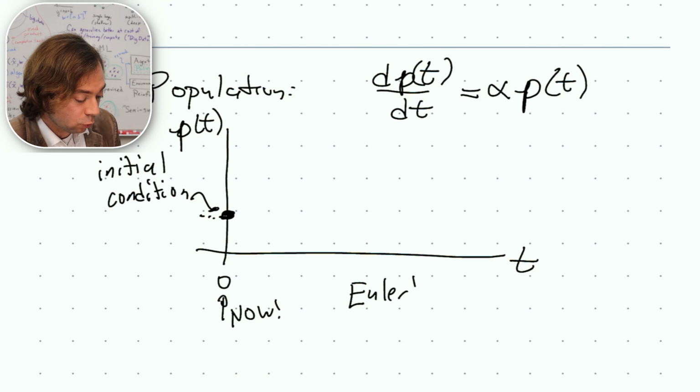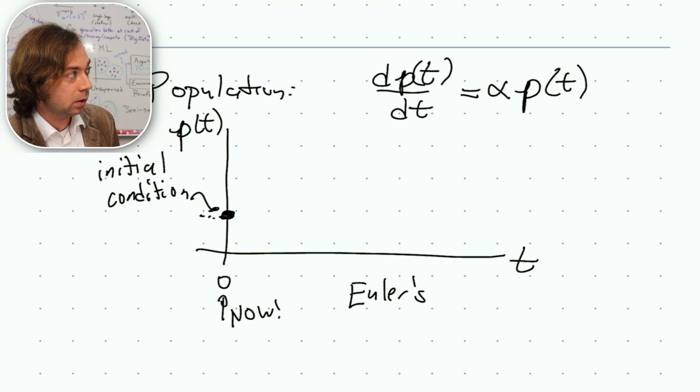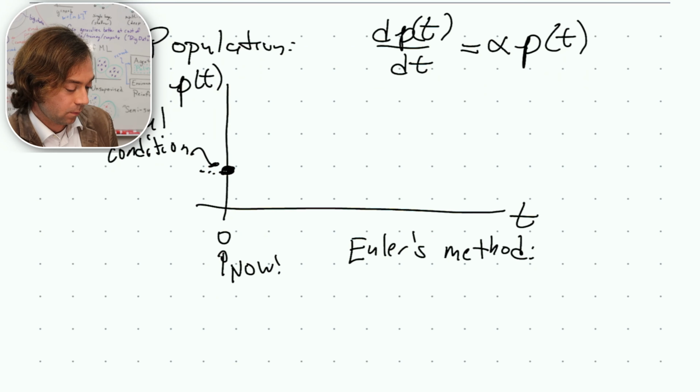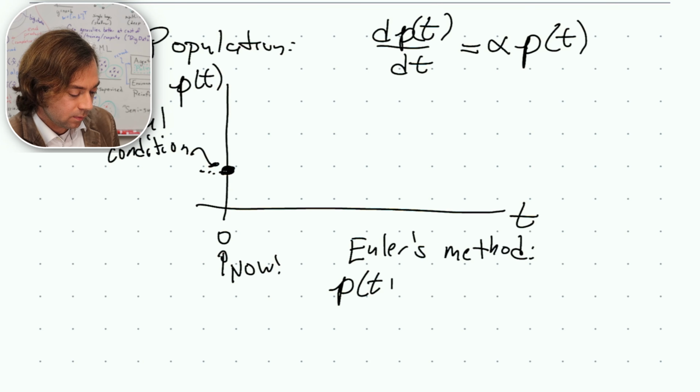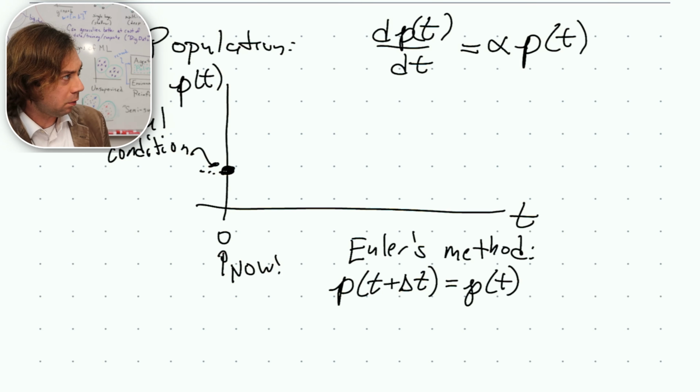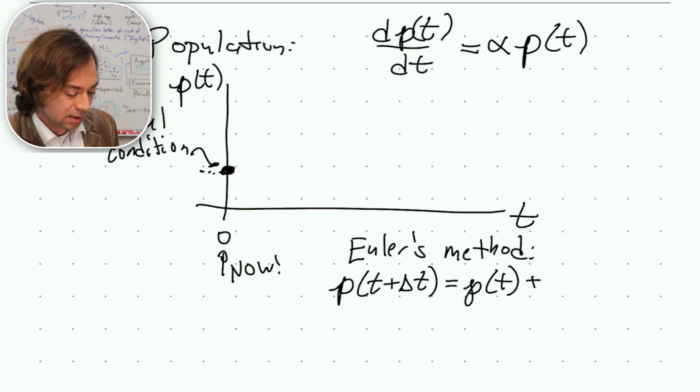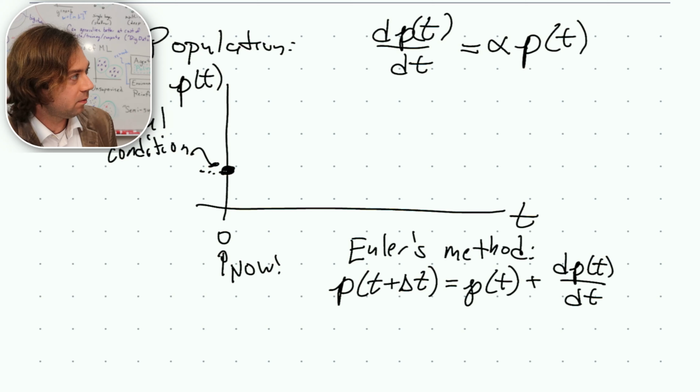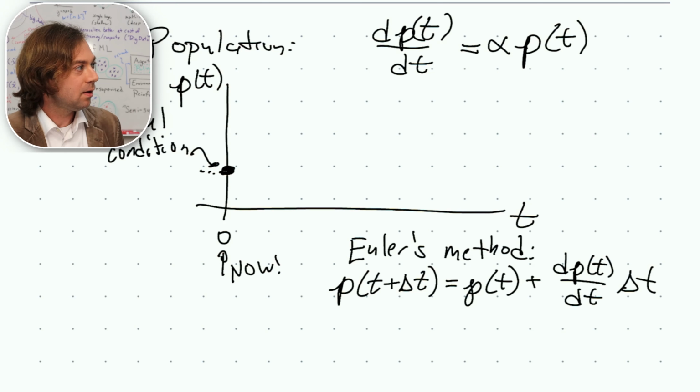We're going to say, hey, the next time, P of t plus some delta t, is going to equal P of t, the current population, plus the rate of change of population times this tiny delta t, right?